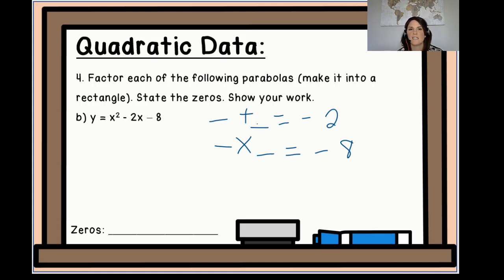So another way that we could set this up instead of using the box method is just like I did here. So blank plus blank equals -2, that's our middle term, and blank times blank equals -8, that's our last term. Okay, so again, if you want to have the little chart to organize your thoughts, go ahead and make your little chart.